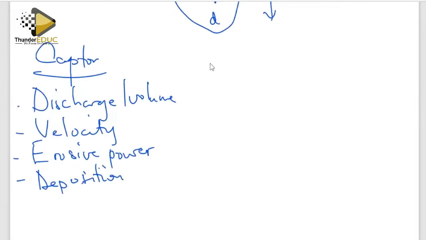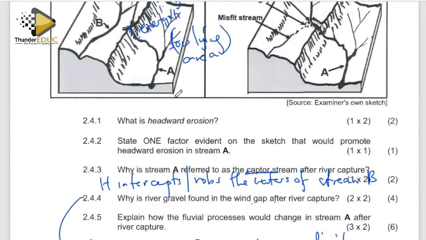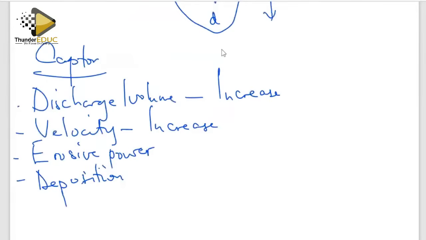Right, when the river has captured the headwaters of another stream, automatically it means the volume is going to increase because it now has an extra supply of water from the captured stream. The velocity is going to increase because it now has extra water which has been captured from another stream, and apparently that is going to cause an increase in the velocity of the river.